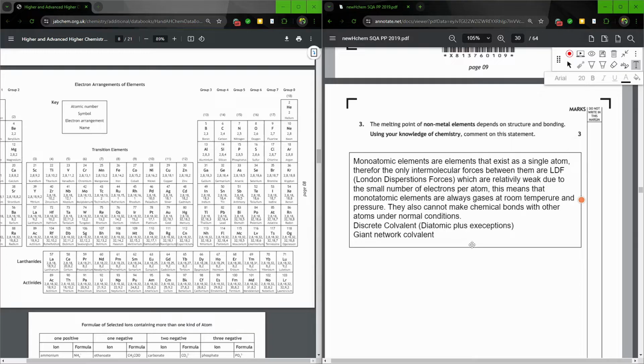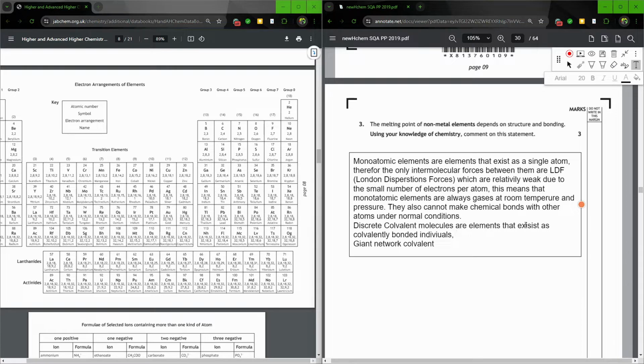I think we've covered mostly structure and bonding, so let's move on to discrete covalent. Molecules are elements that exist as covalently bonded individual molecules, and that's another thing we can talk about, covalent bonds, but I'll get the standard stuff down first.